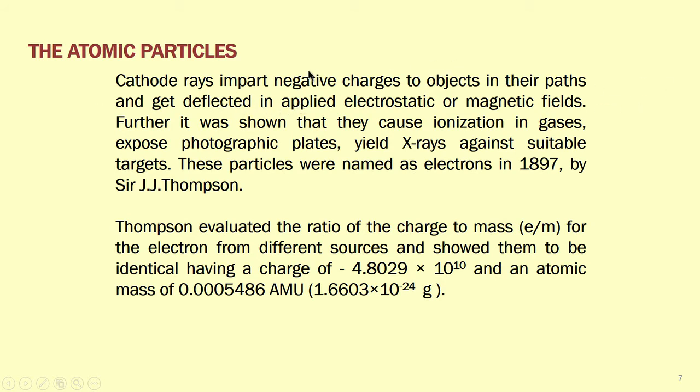The cathode rays impart negative charges to the objects in their paths, and they get deflected in an applied electrostatic or magnetic field. J. J. Thomson showed that they cause ionization in gases. Okay.